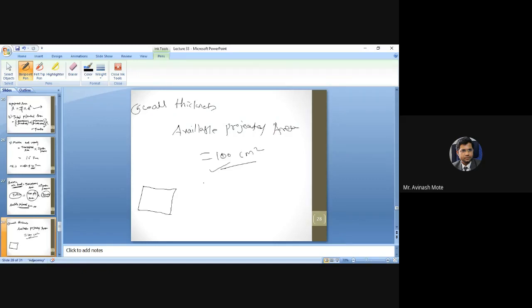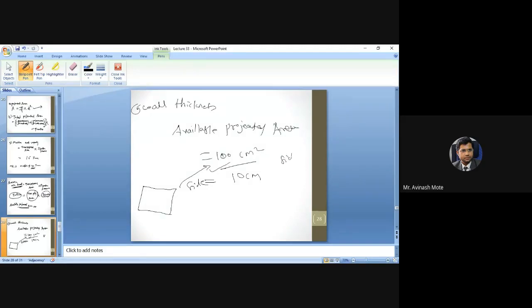From the area you can calculate the dimension of the side, or the wall dimensions. Simply, 100 centimeter square area for a square, so its side dimension will be 10 centimeter. Reverse engineering.